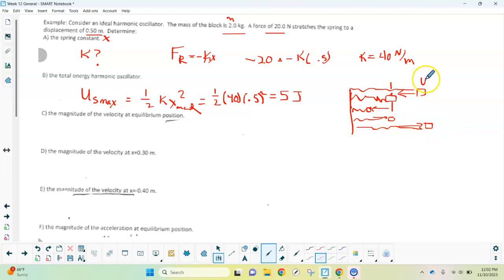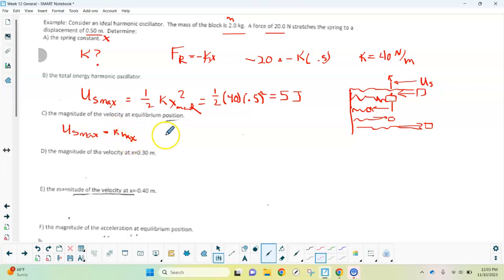What's happened here is this was the maximum spring potential energy, and all that spring potential energy is now changed into kinetic. So we can say the spring potential energy at the maximum is equal to, when it's at the equilibrium position, it's all kinetic energy. So it's the maximum kinetic energy.